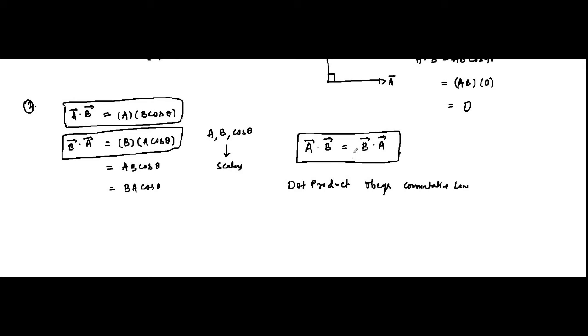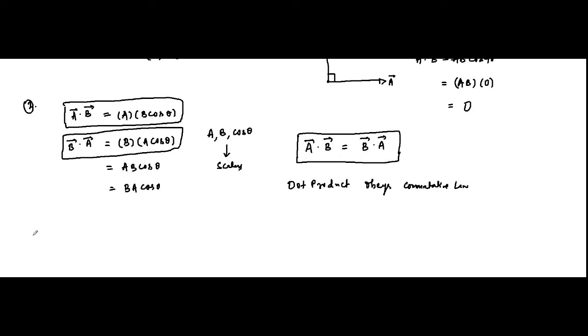Okay, only for dot product. For vector product or cross product it will be different. Let's not bring that here. So only for dot product, the order in which we put the vectors does not affect the result. Okay, this is the second property.